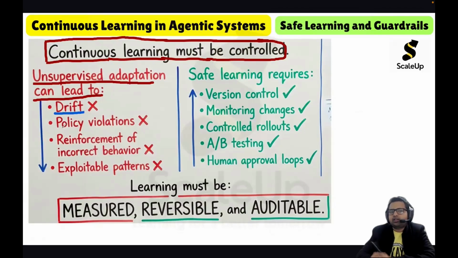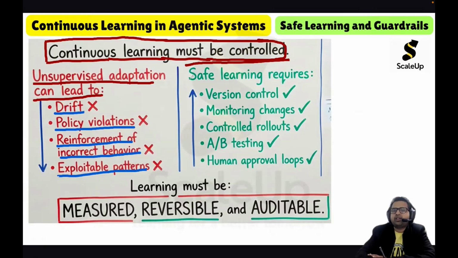Unsupervised continuous learning can lead to policy violations, reinforcement of incorrect behavior, exploitable patterns. So this is very important: in agentic AI systems, definitely it is continuously learning, so the learning must be controlled. So we should go for safe learning.